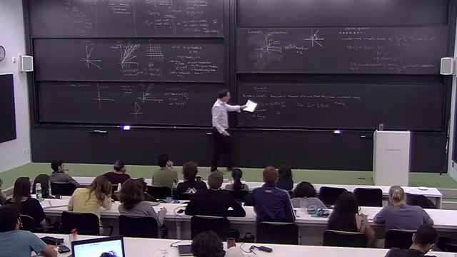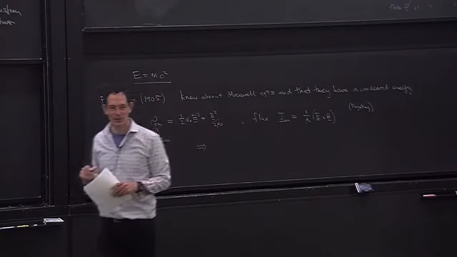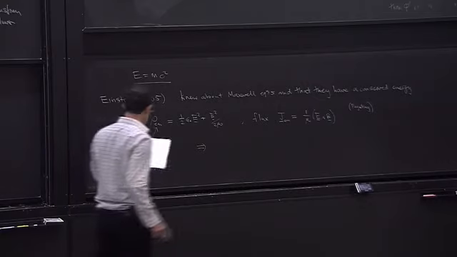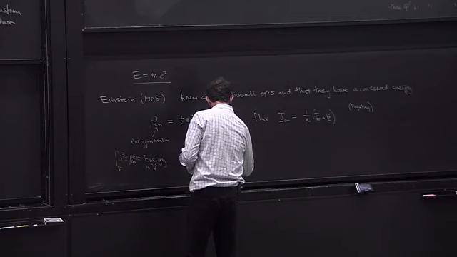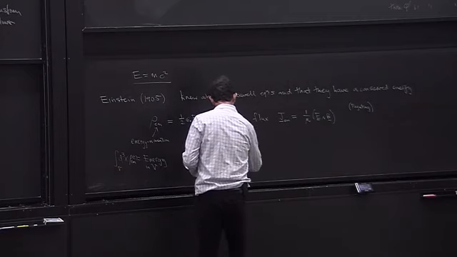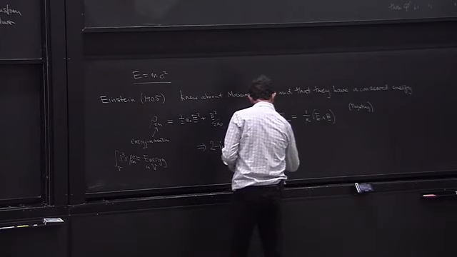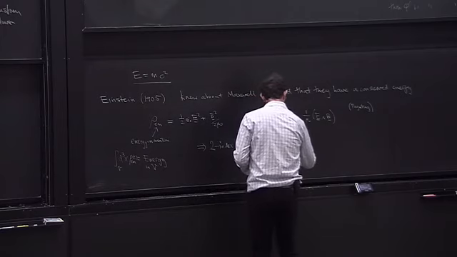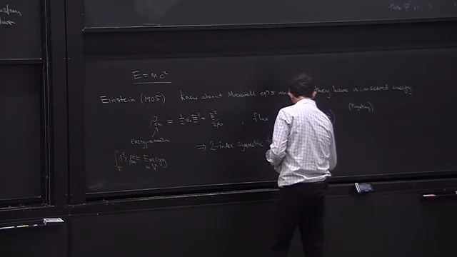When you have energy density and flux, it turns out that's not the right thing to do. Instead, you combine it into a 2-index symmetric tensor, called the energy momentum tensor.